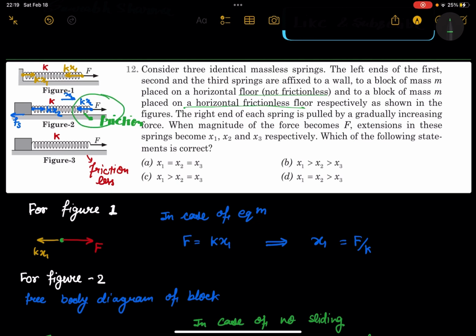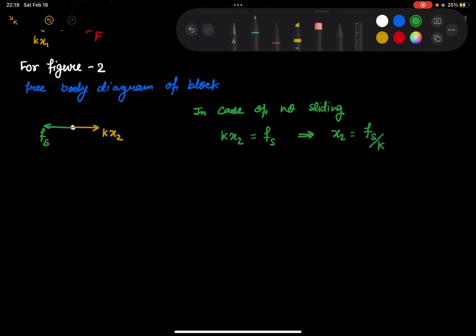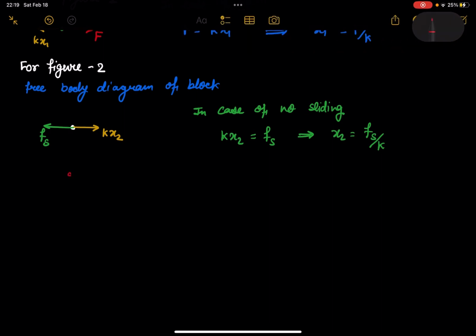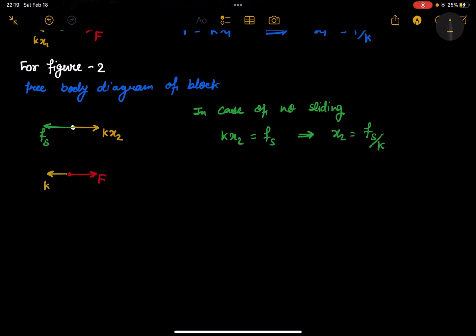Now I want to talk about this end point. At this end, one force F is acting in this direction, and my dear friend, on this side a force kx2 is acting. So you can say that F is equal to kx2, so x2 is again F by k.